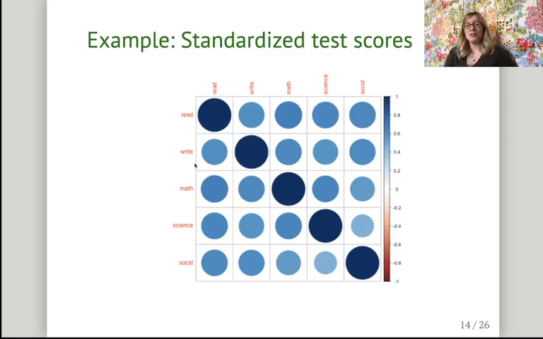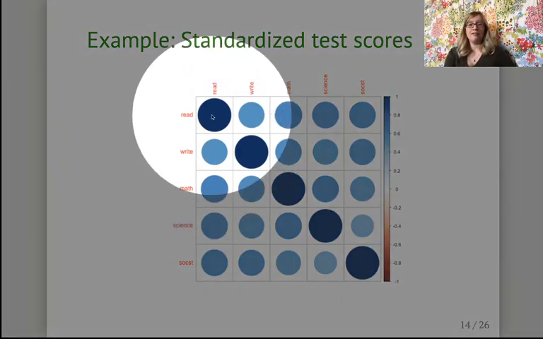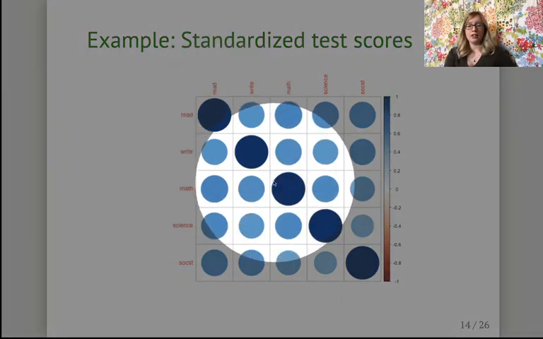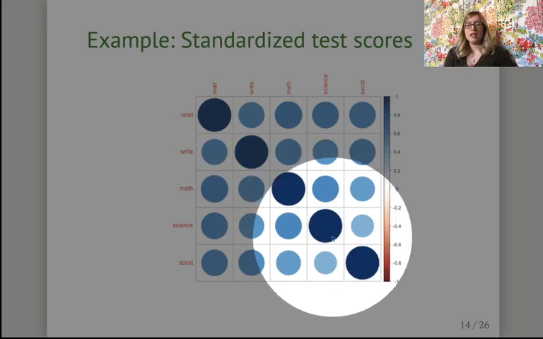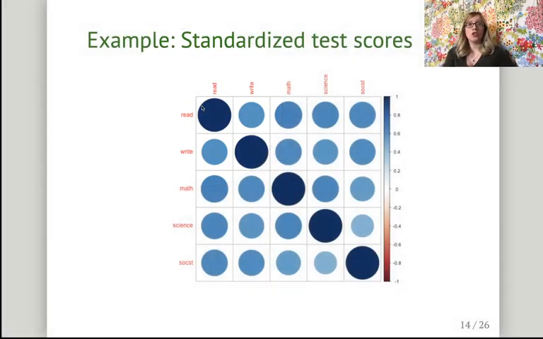So this plot uses circles and shading to indicate what the correlation between 2 variables actually looks like. On the diagonal, we have each of the variables correlated to themselves. These are perfect correlations, so correlations of 1, which should be expected. Reading scores should have a perfect linear relationship with reading scores.